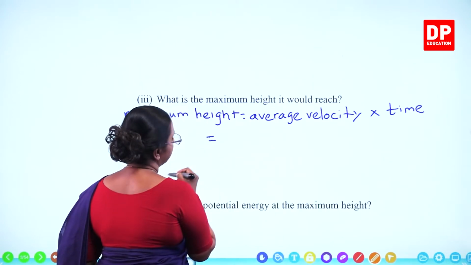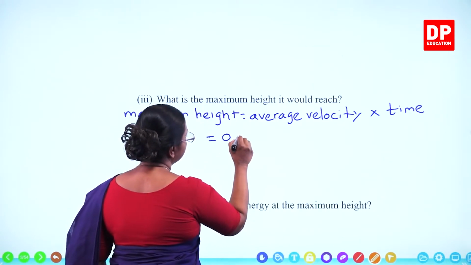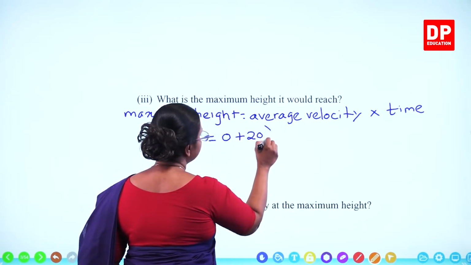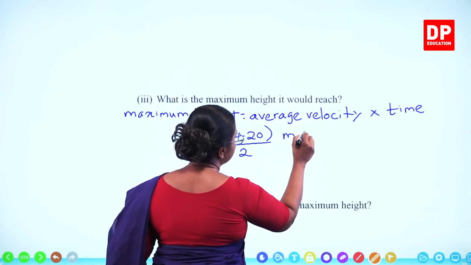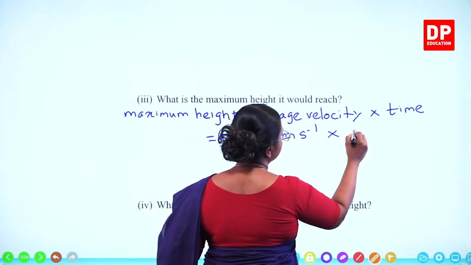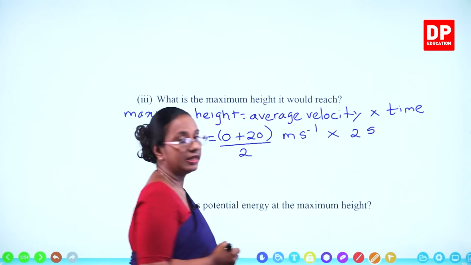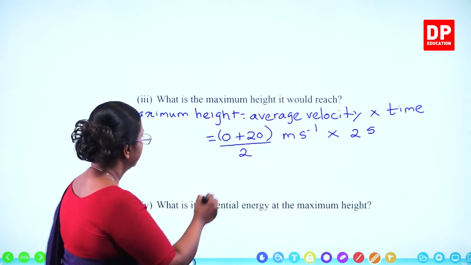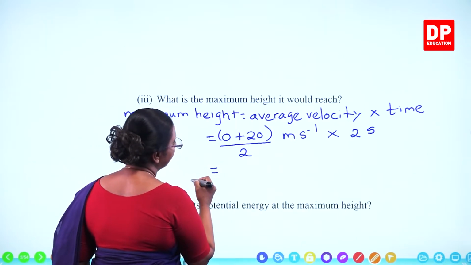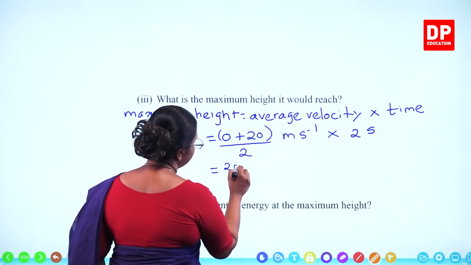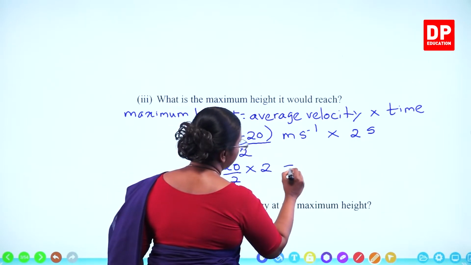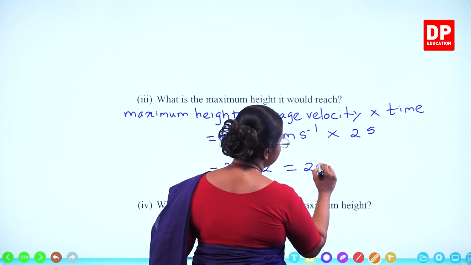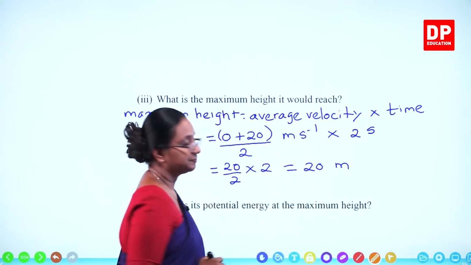So that is equal to 0 plus 20 divided by 2, that is meters per second, into time we already calculated as 2 seconds. So here you will have the value 20 divided by 2 into 2. So that is going to be 20 meters.